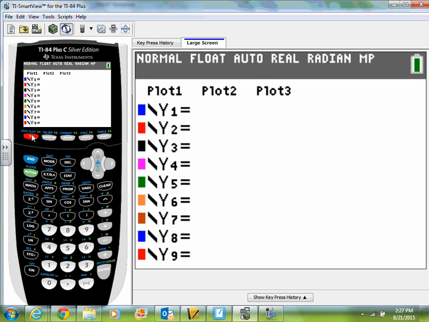Okay, and once you're on your y equals screen, then arrow up to plot 1 and hit enter so that it'll be highlighted so that your plot 1 is turned on.